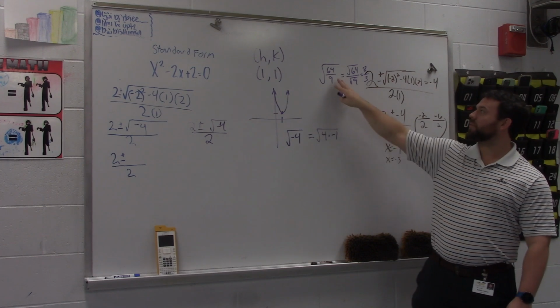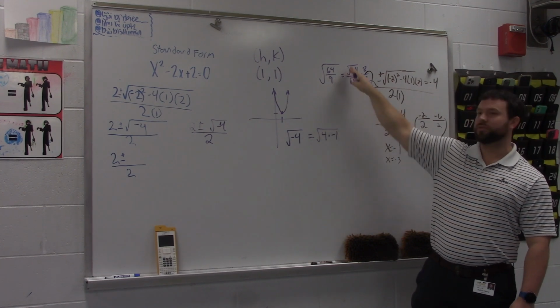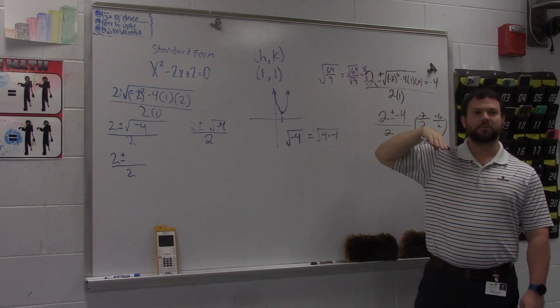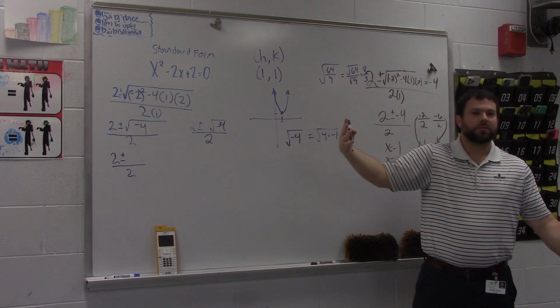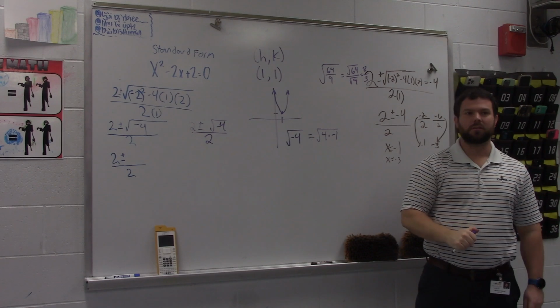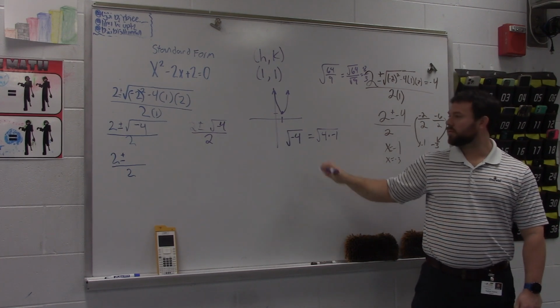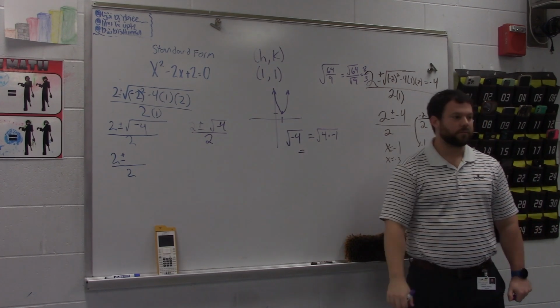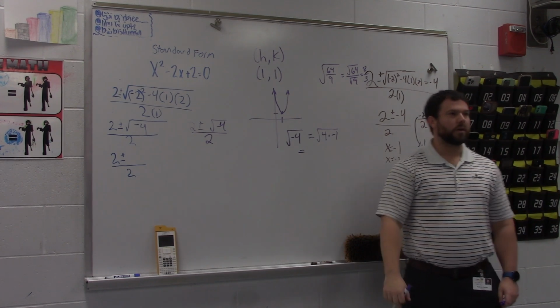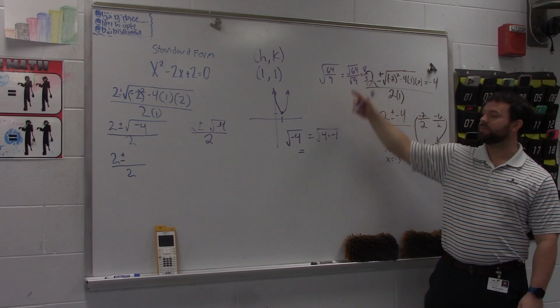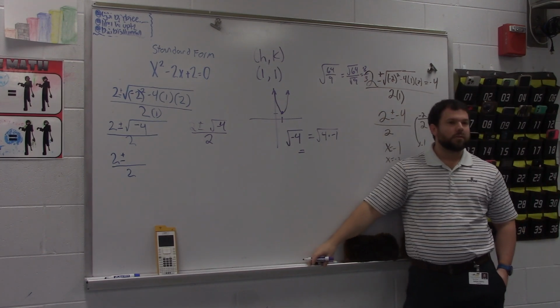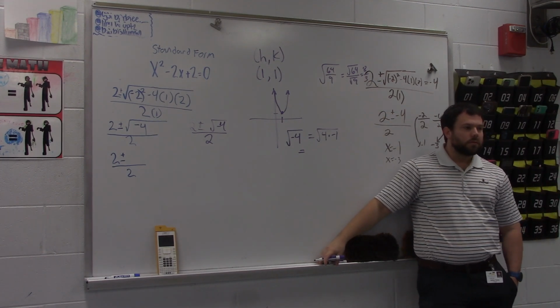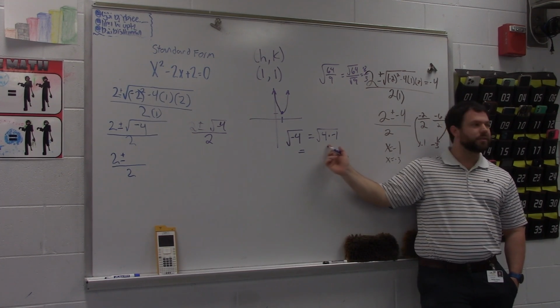So remember how I was able to rewrite my fraction as 2 different radicals, or 2 different roots? So how am I going to apply that here? I did that there because it was division. Am I dividing these things?